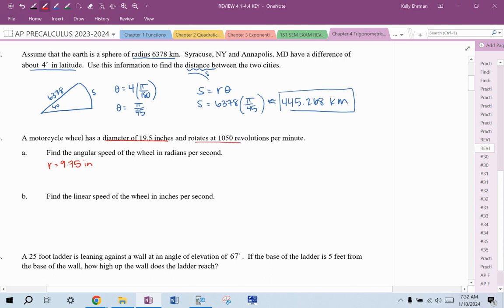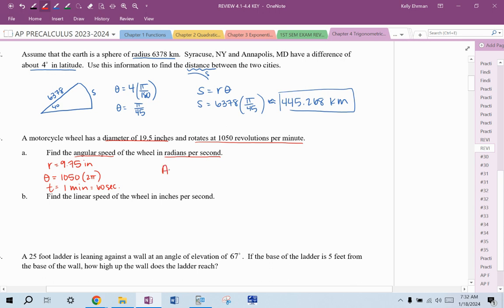We're rotating 1,050 revolutions per minute. So remember, revolutions are the number of full circles that theta has rotated. And this one gave me a time of 1 minute. Part A says find the angular speed in radians per second. So I just need to change minutes to seconds. And theta is in radians because I multiplied revolutions times 2 pi.